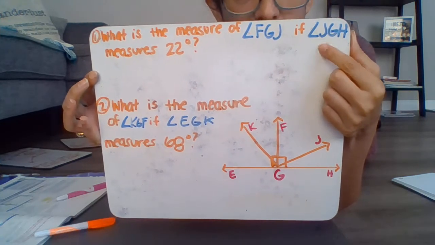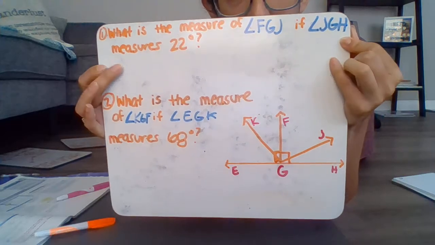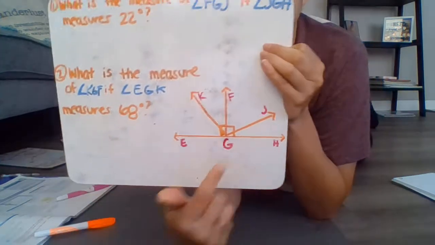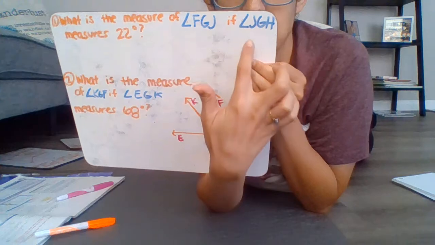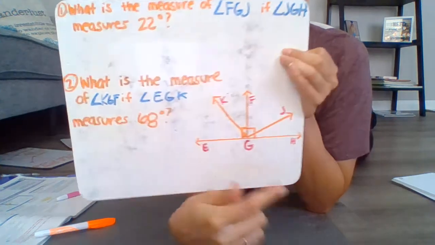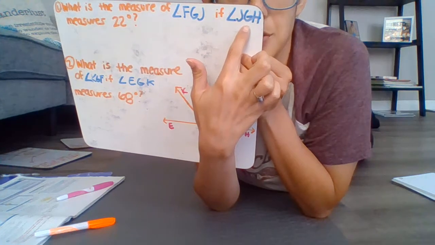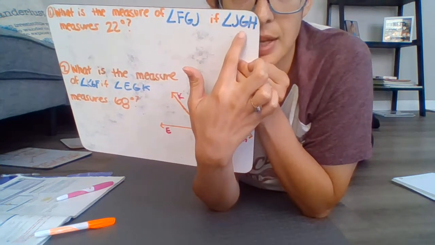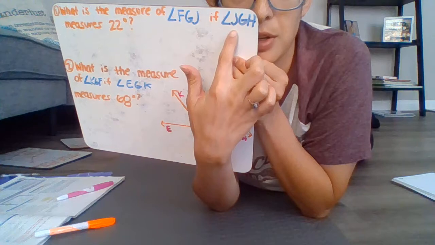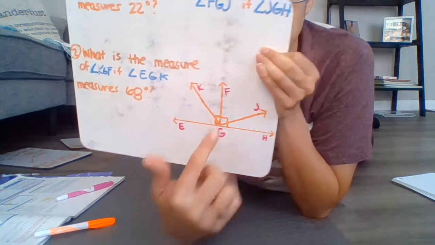So JGH measures 22. So I need to find that angle in here. Angle JGH. So remember, the middle letter G is the vertex. That's really important. So I'm going to look for JGH.